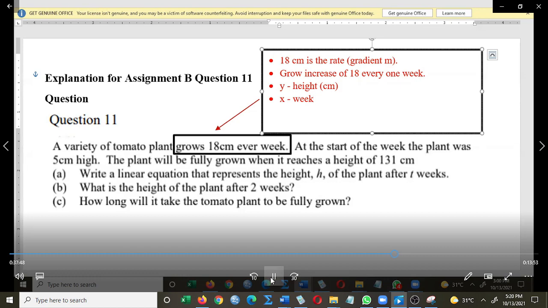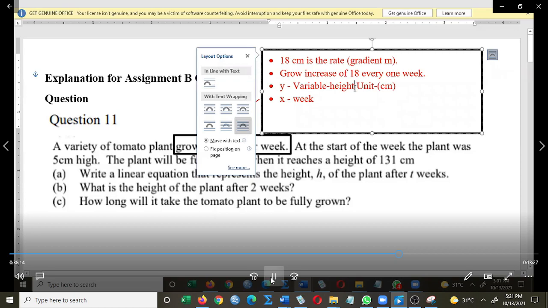When you go to y, height is the variable and centimeters is the unit. So the variable is height, the unit is centimeters, and that would be the y.